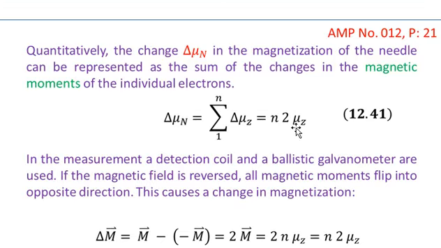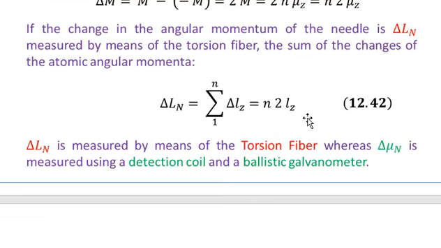That's why I have not used any subscript with mu. I am not using L or S with the mu quantity. So this mu could stand for the orbital magnetic moment, the spin magnetic moment, or the sum of these two quantities. But here I am specifying Lz because this quantity is only related with the Z component of the angular momentum.